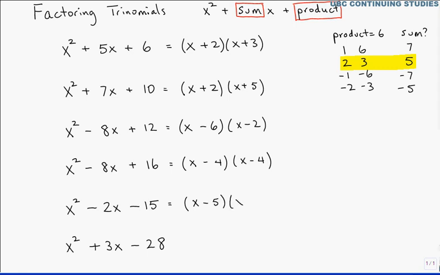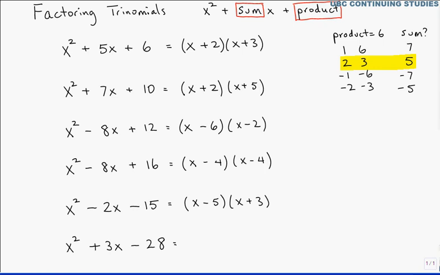It's a sum of negative 2, so it has to be x minus 5 and x plus 3. If you put the negative on the 3 and the positive on the 5, the sum will be positive 2, not negative 2. There's a unique way to factor these sorts of trinomials. You should not have two possible answers.